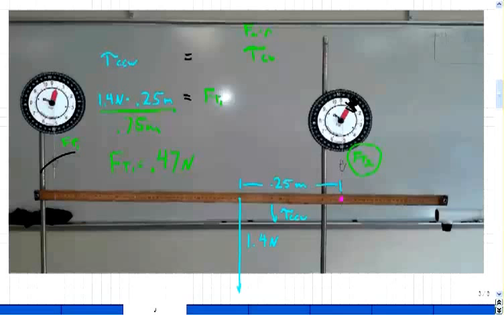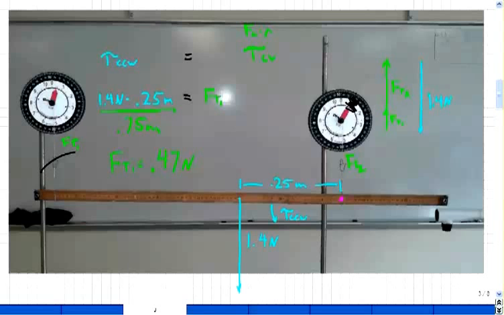Well, I could go through and do it the hard way, where I imagine I cut the other one and do the rotational statics. However, I know that the sum of FT1 and FT2 in the up direction have to fully cancel out the weight of the stick.